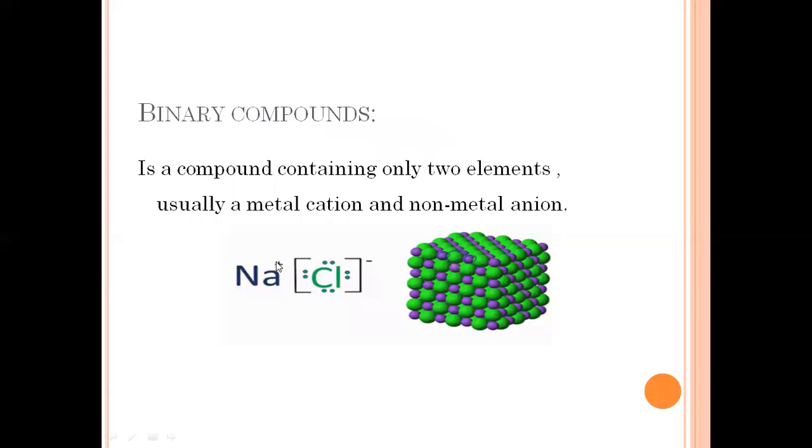When sodium ion and chloride ion come together, there are attractive forces between them due to the positive and negative charges. They attract each other and make a compound, which is a binary compound because two elements are present. One is a metal, the second is a non-metal.